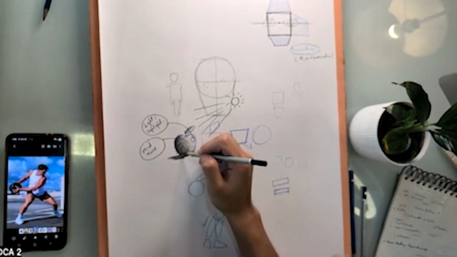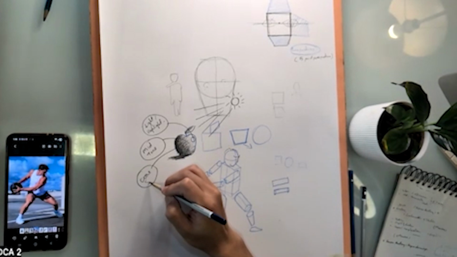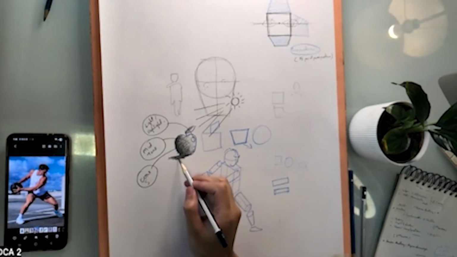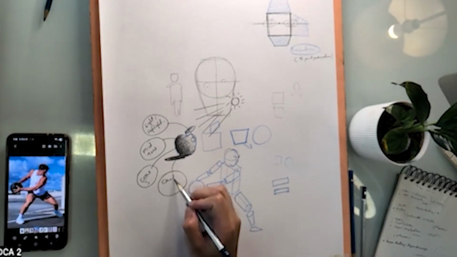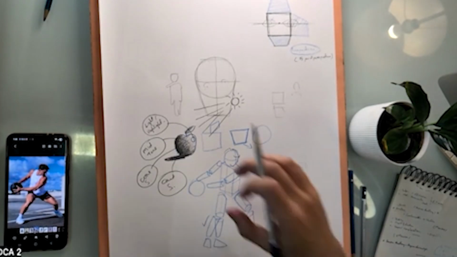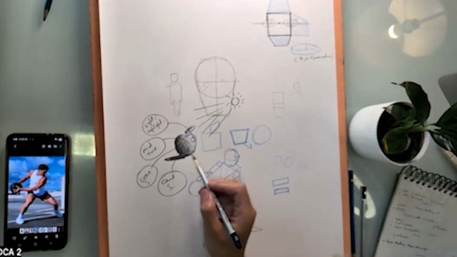And over here we have the core shadow. It is in between the mid-tone and the cast shadow, right? And lastly, the cast shadow, as the name suggests, is simply the shadow. You all know about it, right? So here it is.